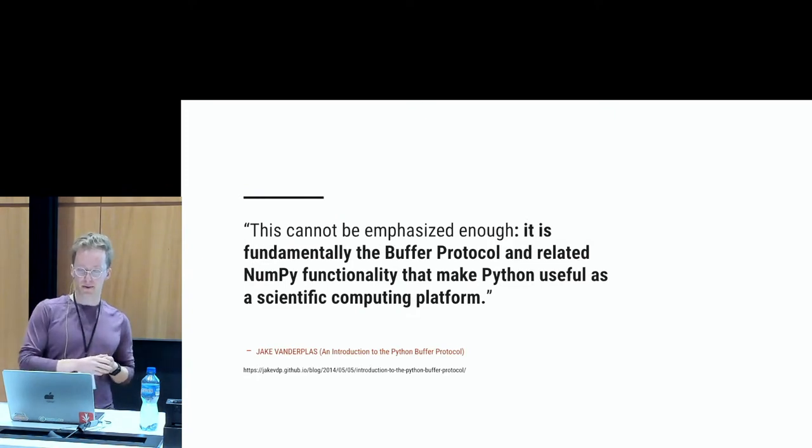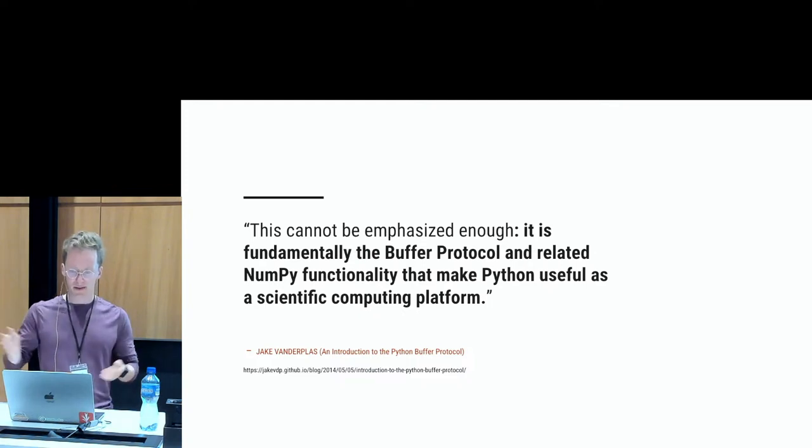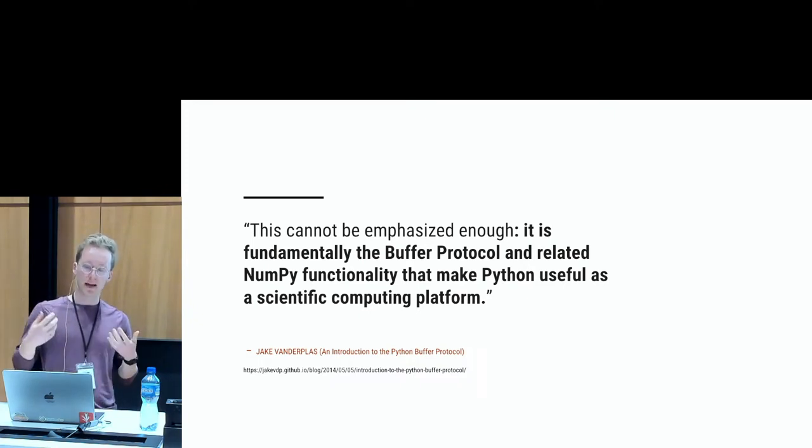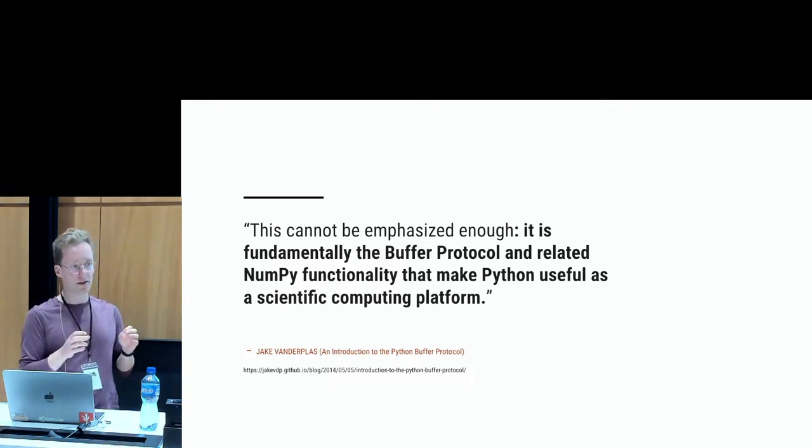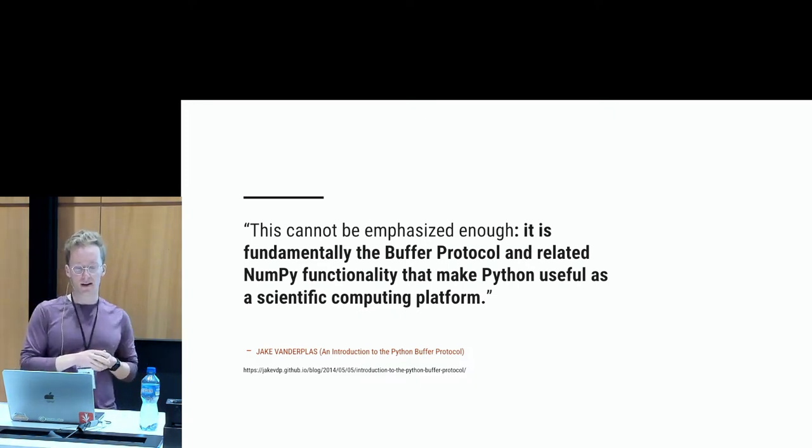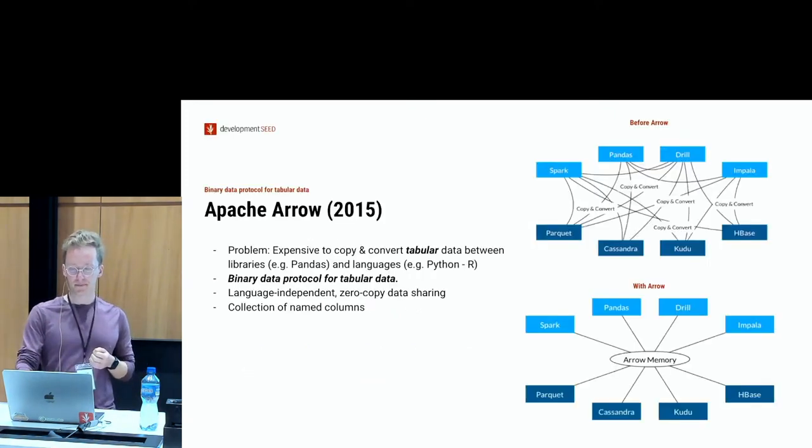And so Jake VanderPlas, who has done a lot of work in a lot of different scientific Python areas, has this amazing quote that it is really the buffer protocol and NumPy that make Python useful as a scientific computing platform, because it allows Python to be this glue language, but still be efficient between all of these different compiled libraries.